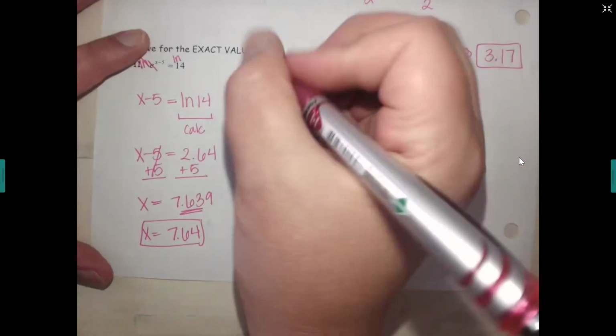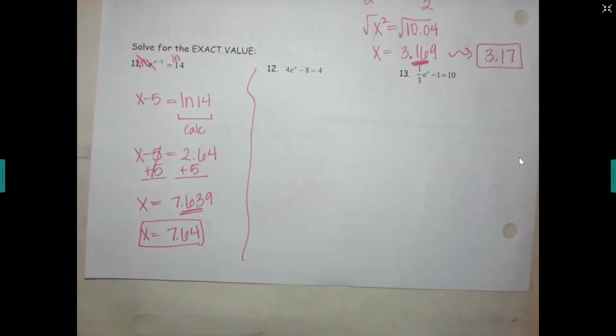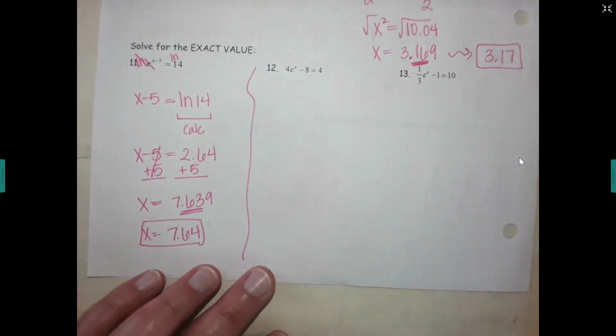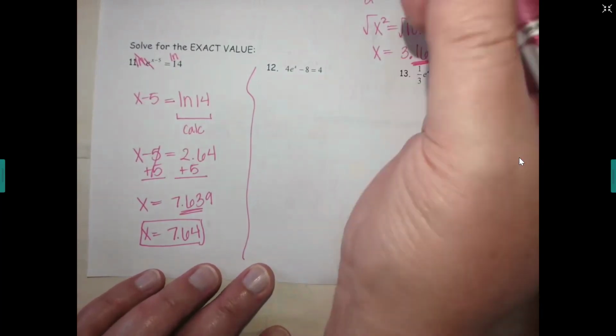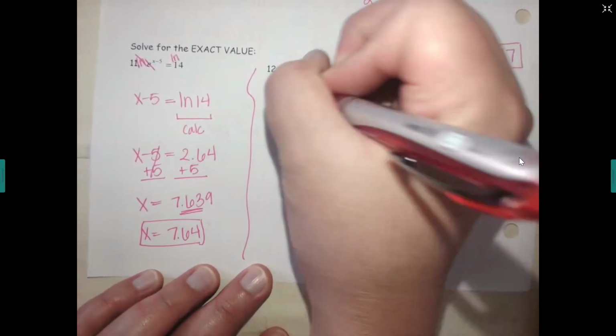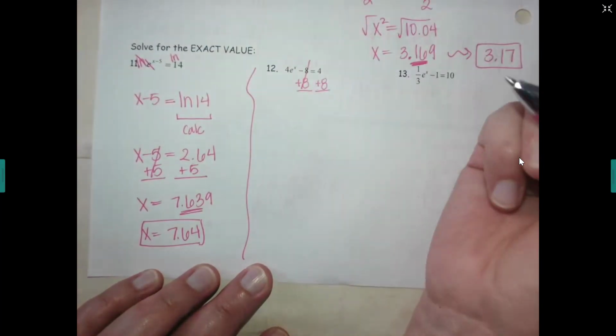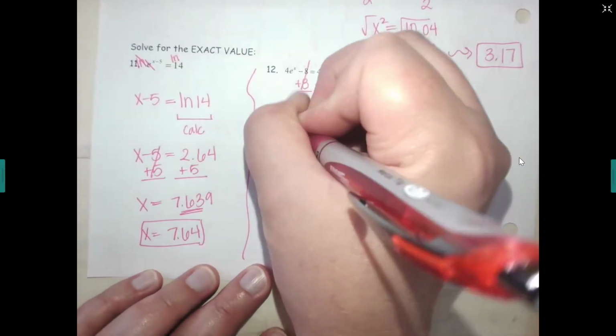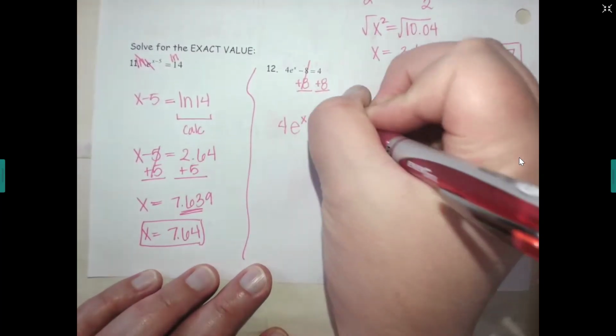All right, two more left. Number 12. What number has to go first, the 4 or the 8? 4? Right? Don't get rid of the 4 first. Get rid of the plus or minus number first. So let's plus the 8. So 4 plus 8, what's that number on the other side now? 12?